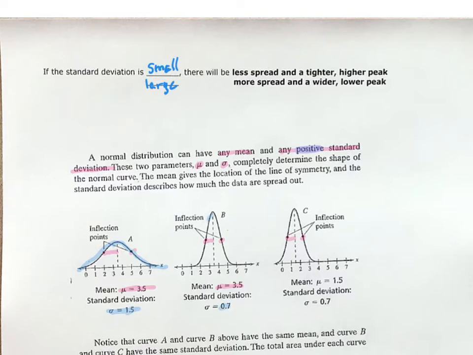This curve is high and tight, so it has a smaller standard deviation. Similarly, on this last problem, we have the same standard deviation, so the same look for the curve, but the mean is at a lower location down here on the number line.